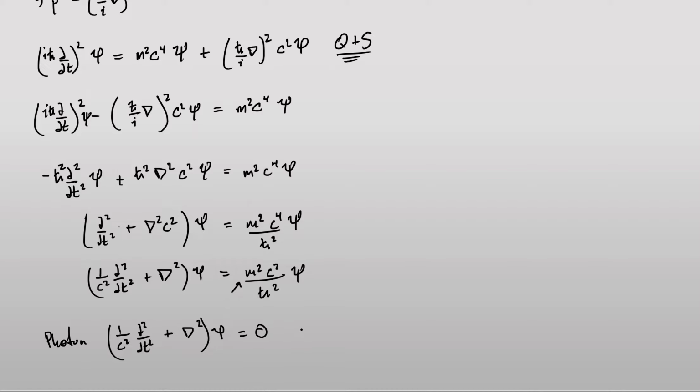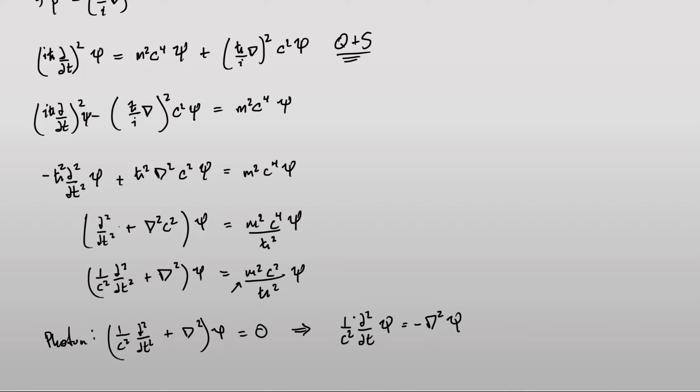And so from this, we could say that 1 over c squared times a double derivative with respect to t times psi is equal to the negative of the derivative with respect to space on psi. And this is just the wave equation. So for a photon, our Klein Gordon equation literally just becomes the wave equation.